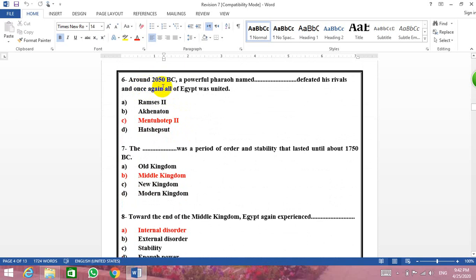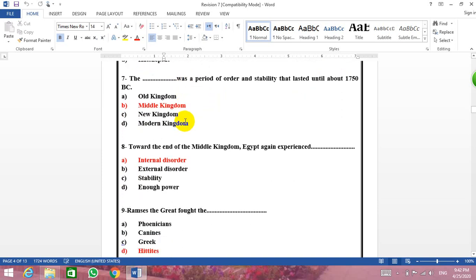Around 2050 BC, a powerful pharaoh named dash defeated his rivals, and once again all of Egypt was united. So what was the powerful pharaoh's name? Mentuhotep II. Option C is the correct answer.